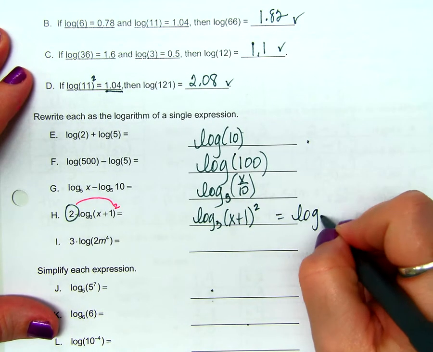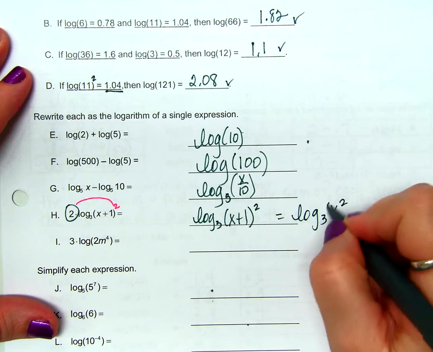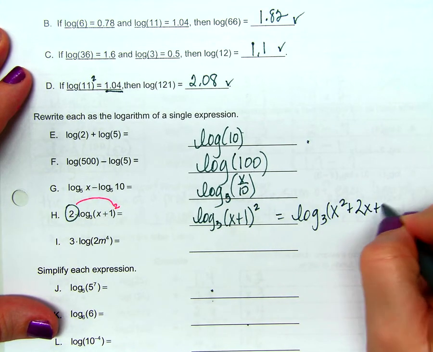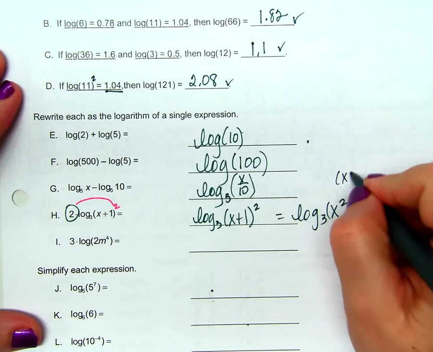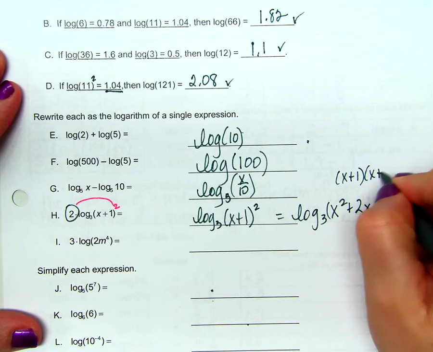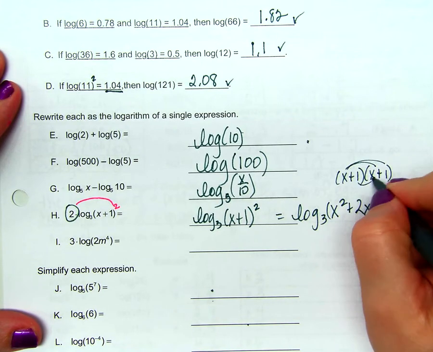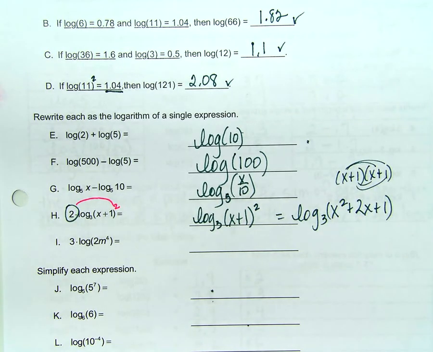Log base 3 of x squared plus 2x plus 1. Uh-oh, I got some looks. Where did that come from? X plus 1 times x plus 1, distribute, distribute, distribute, distribute. Remember that? We only did that 85,000 times a couple chapters ago. Yes?